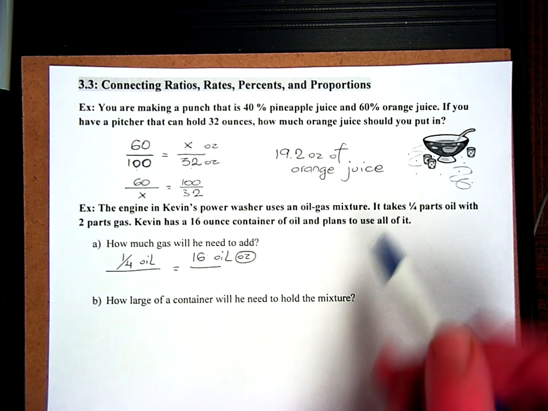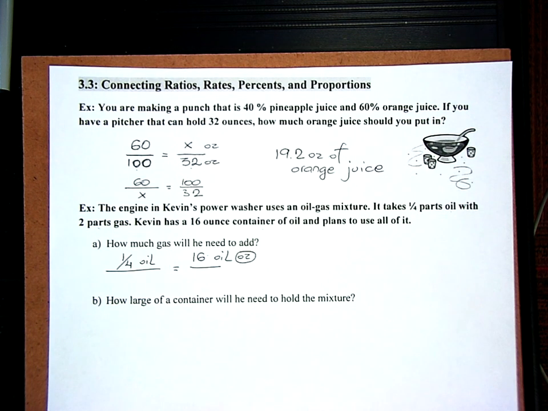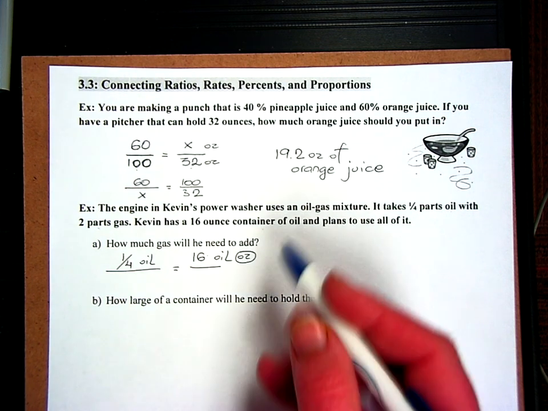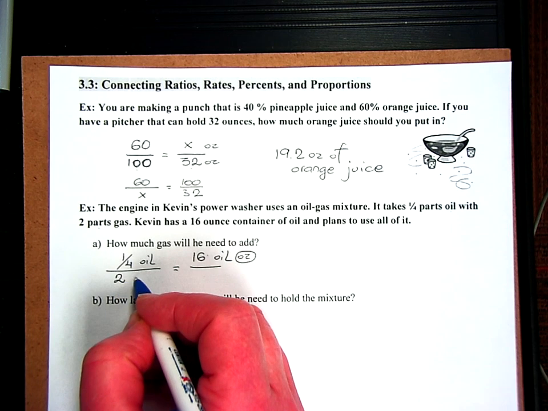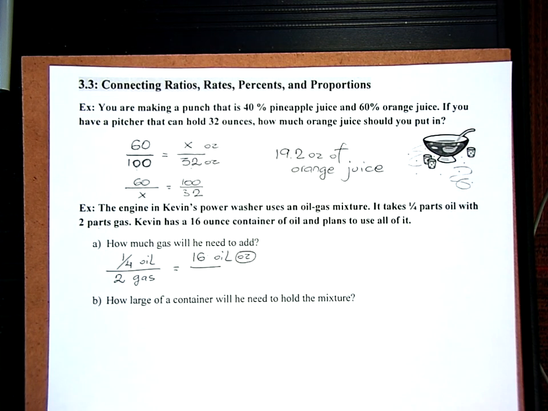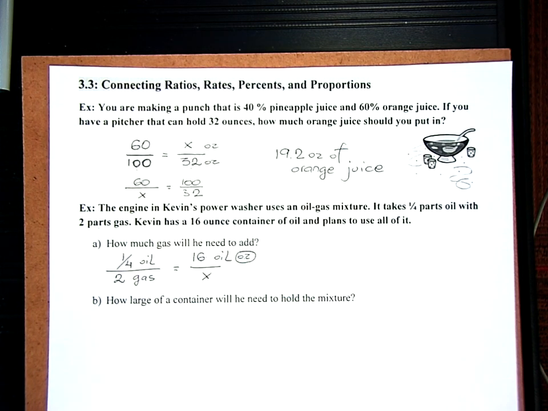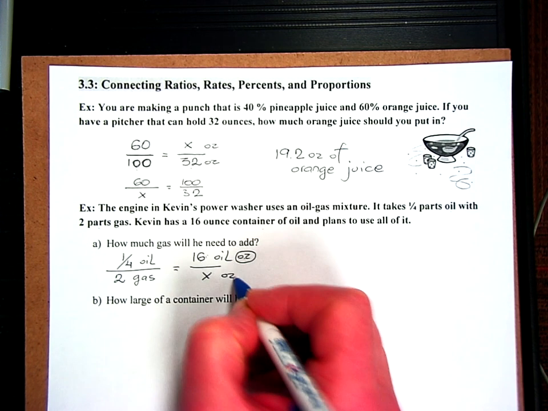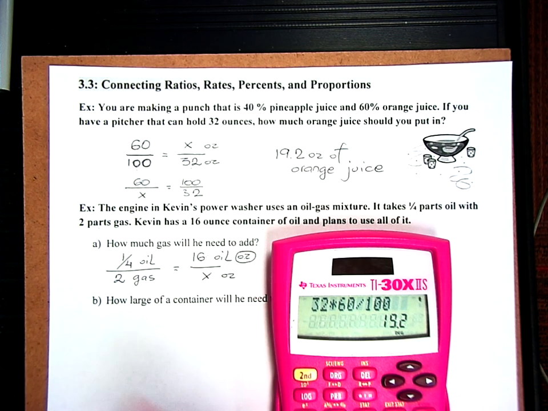If we say 1/4 parts oil to 2 parts gas, that means if we are using gallons, it will be 1/4 gallon of oil to 2 gallons of gas, or in this case, ounces. So 1/4 part oil goes with 2 parts of gas. Then 16 ounces of oil goes with a certain amount of ounces of gas. And then we do the cross product, 16 times 2.